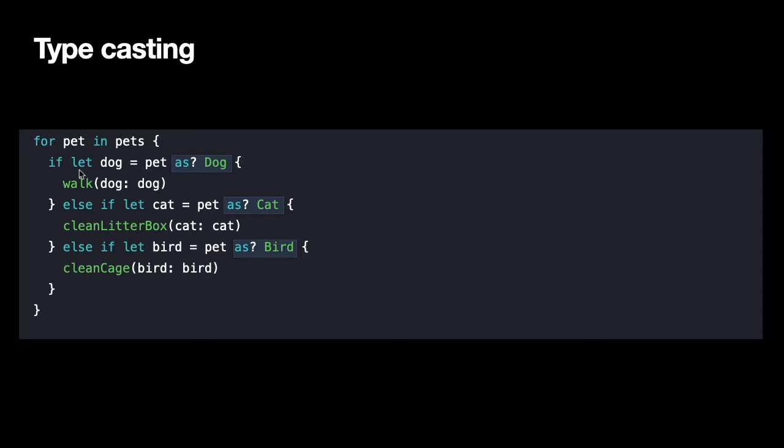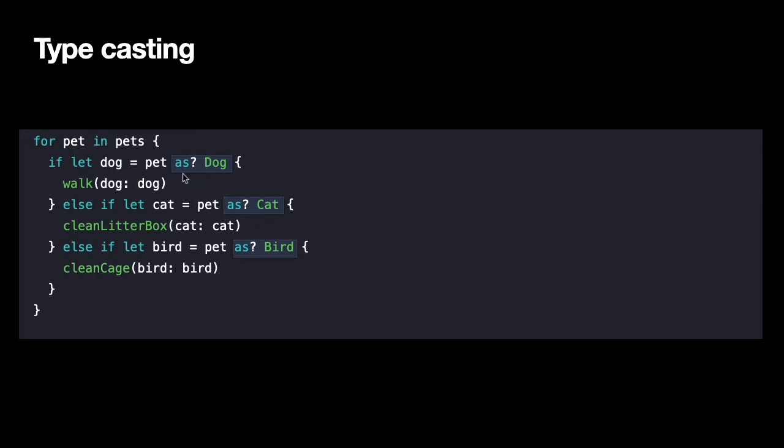We're using the if-let syntax to unwrap the optional dog, which, if successful, would result in a non-optional dog. Once we do the typecasting, we get a non-optional dog if it is successful, and execute this code. If the conditional typecast fails, then we go into the else clause and we attempt to conditionally typecast the pet as a cat.